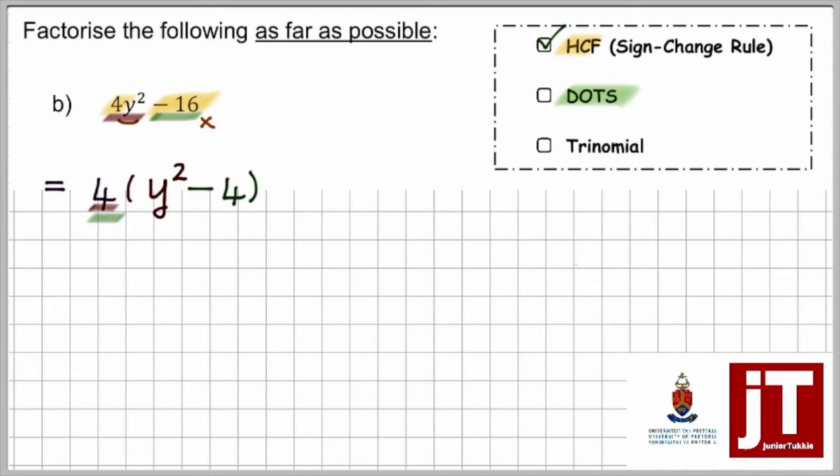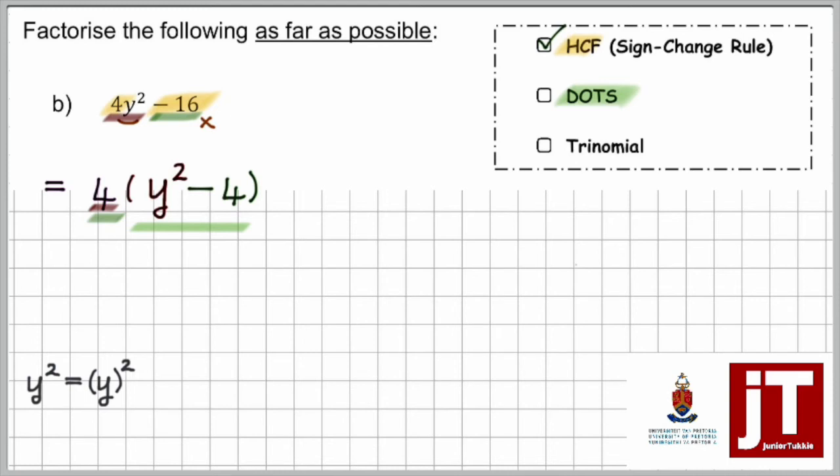Now, when you look at the expression contained in the brackets, do you see a difference of two squares? The correct answer is yes. Firstly, we have two terms that are separated by a negative sign. The first term is y squared, which we obtain by putting a square on y, or by saying y times y.